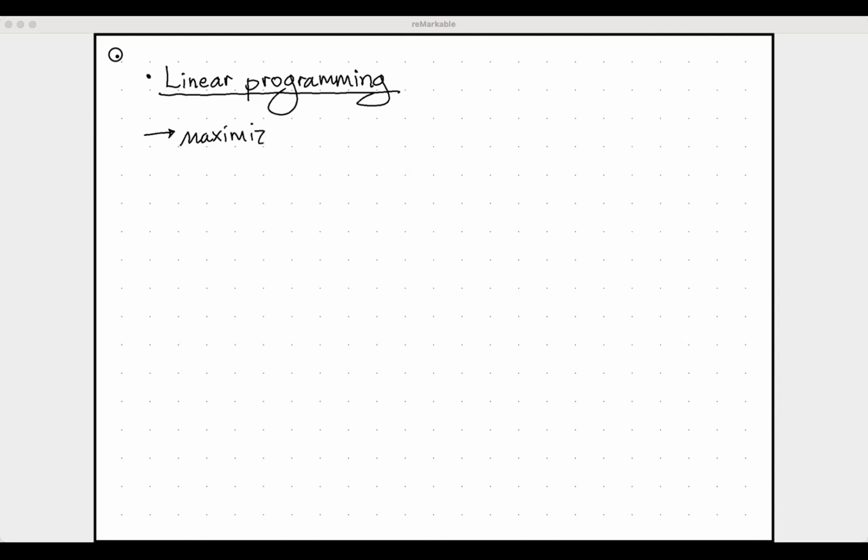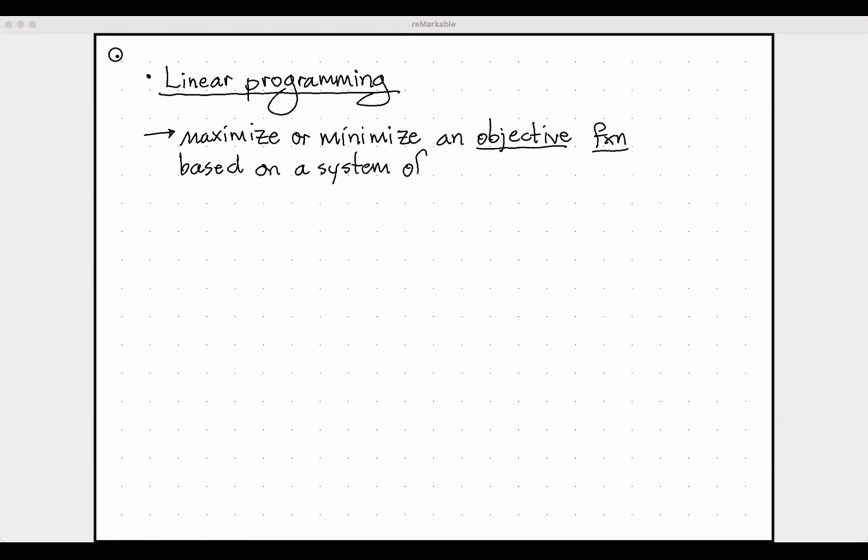So we're trying to maximize or minimize an objective function, is what I'm going to call this, based on a system of constraints.